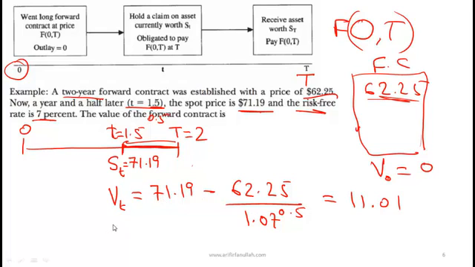So generalizing this, what is the formula for value at time t? The formula will be the spot rate at time t minus the, what does F stand for? This is the forward price. Okay, divided by 1 plus the risk-free rate to the power of, actually the big T minus small t.